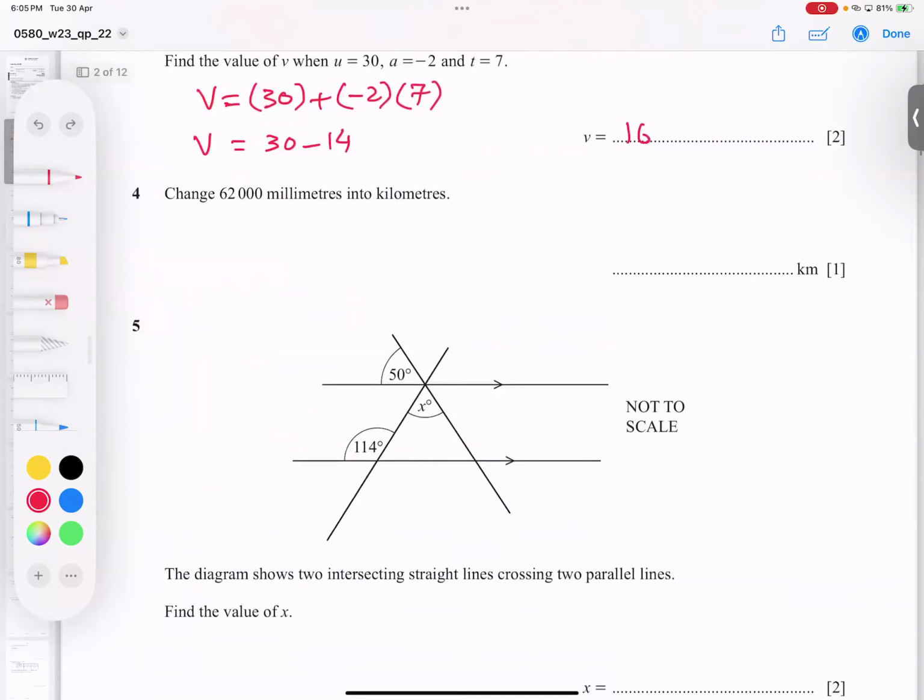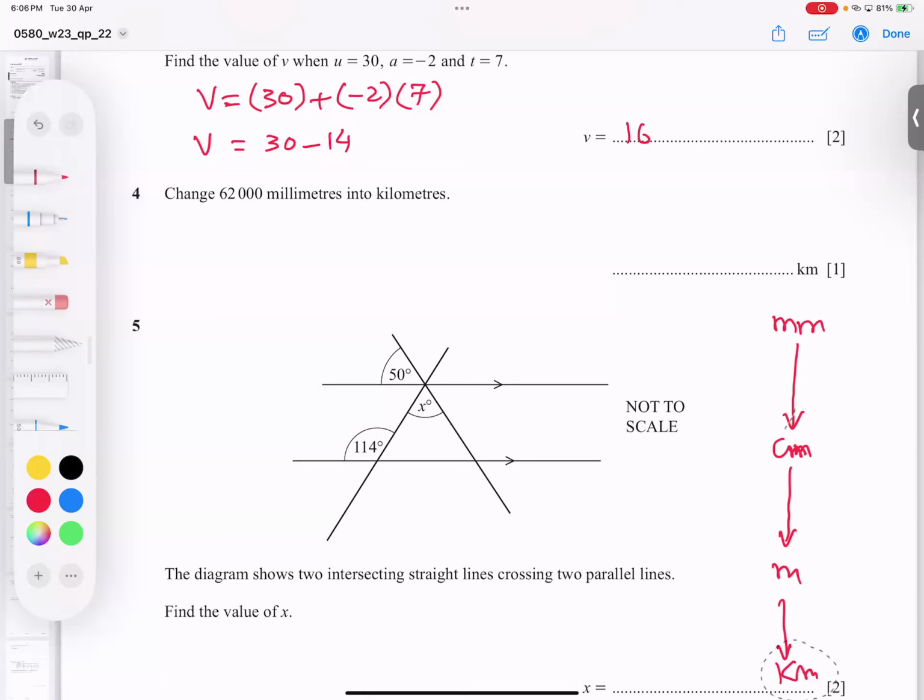All right, next part. He said convert millimeter to kilometer. For this reason, I will tell some rules. The smallest unit we normally use is the millimeter. Then we go to centimeter, then meter, and then kilometer. So don't forget this kind of criteria.